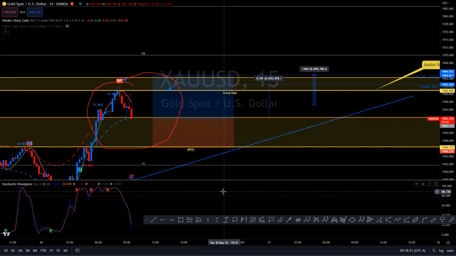Now it's starting to stick out of that Bollinger Band, a little bit. That's what I'm looking at. So we have less than 6 minutes.